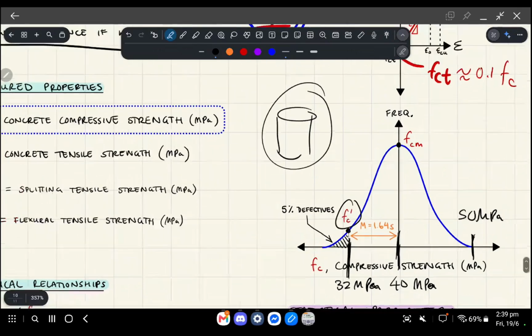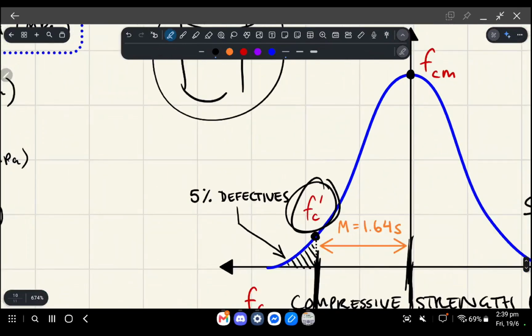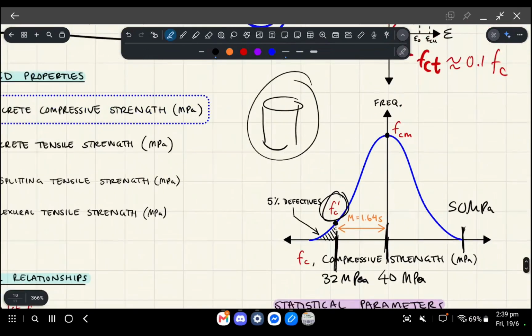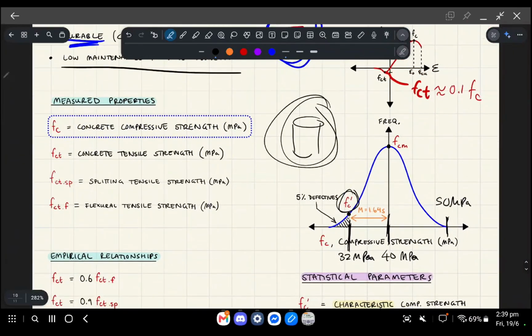When you see this notation, f'c, the dash refers to this idea of a characteristic strength, okay? So it means if you crushed 100 cylinders, the one that performed the fifth worst is your characteristic value, right? And that's the value that we use in our design, okay? So we don't use the best one, we don't use the worst one, we use the fifth from the worst one, okay? So this is conservative, but it's not overly conservative, okay?